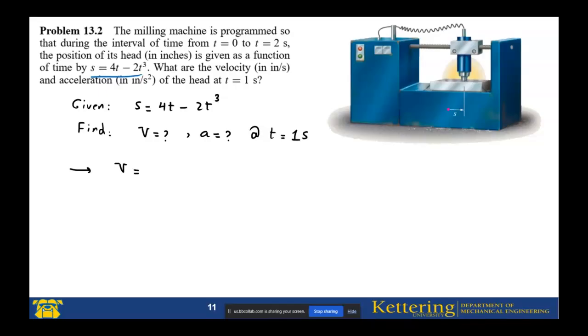First question, how can I find the velocity? Yes? Take the derivative of the function of time, the position equation. To find the velocity, we need to take the derivative of s with respect to time. What is the derivative of s with respect to time?